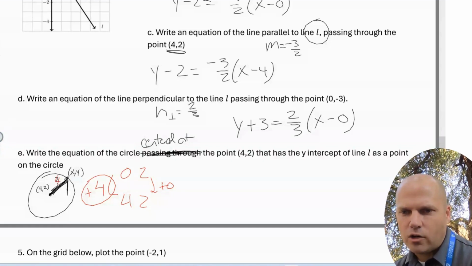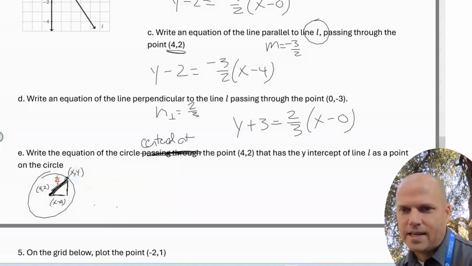We have now our triangle where we have our X distance, subtract if this was XY, X minus 4, Y minus 2. Again, you start over and you understand that subtracting numbers gives you the length. So from 4 to X is X minus 4.